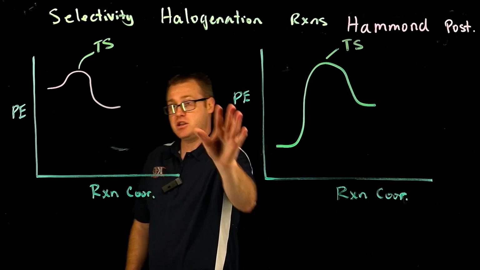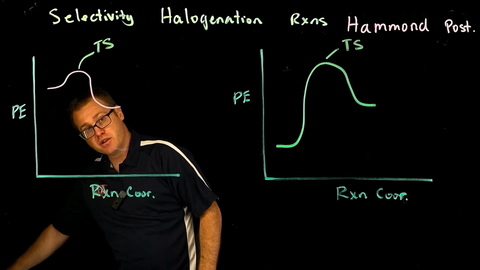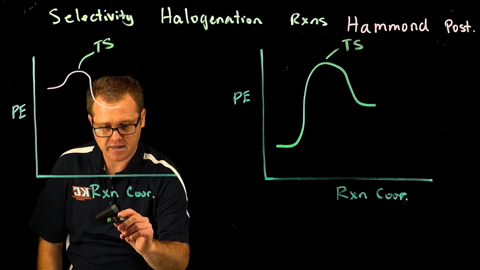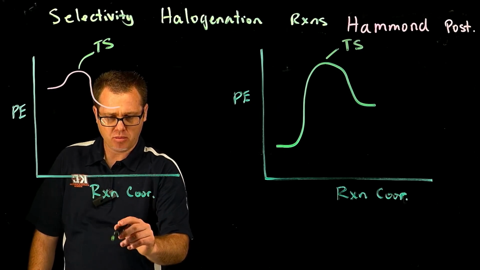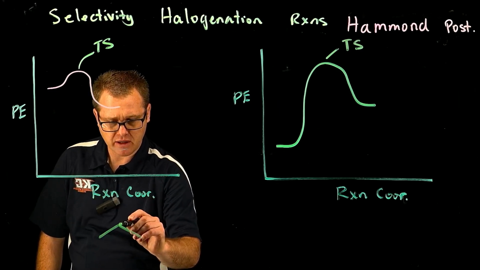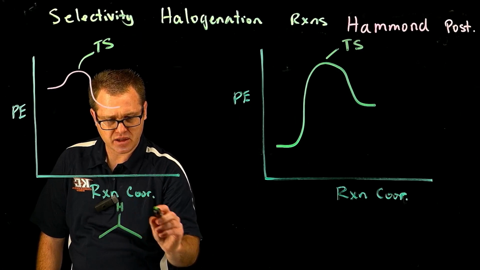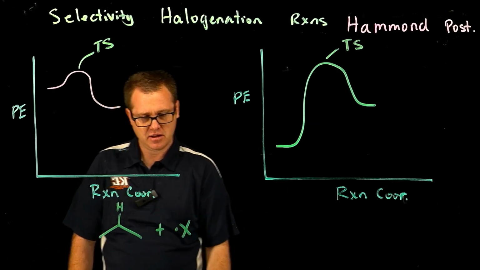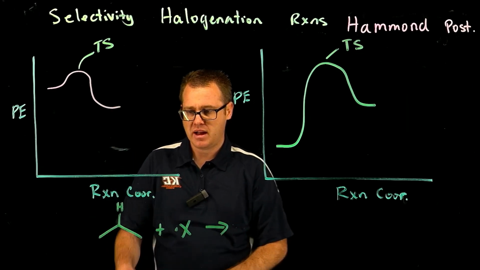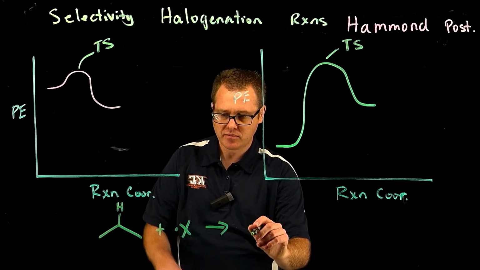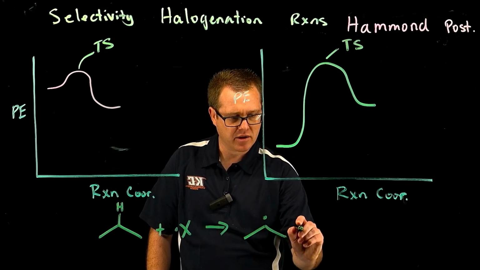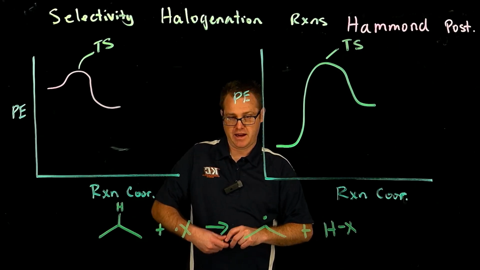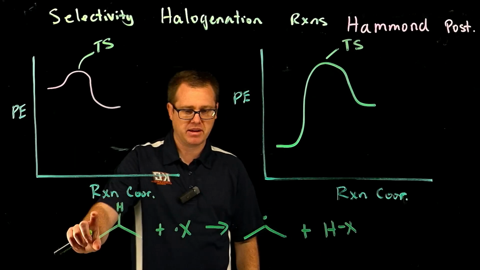Now, this energy diagram is the first propagation step. So we're looking at propane, and what we're looking at is this first step, when we take our radical halogen right there and we do the hydrogen abstraction to form our radical. That's what we're looking at right here, that first propagation step.